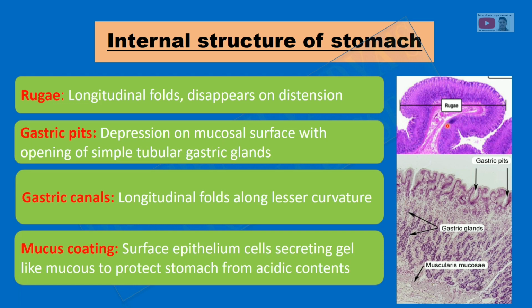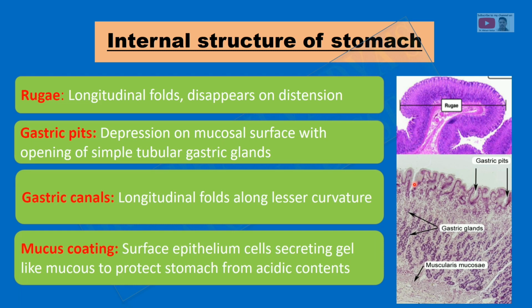Then here you can see the surface epithelium, and these surface epithelial cells secrete gel-like mucus, and this mucus is known as the mucus coating.